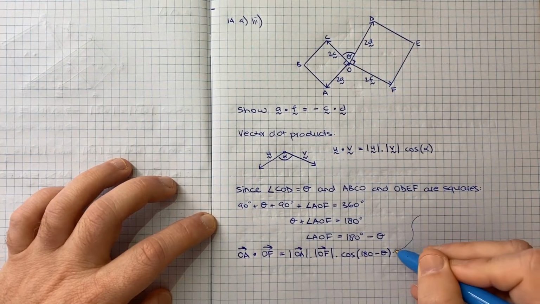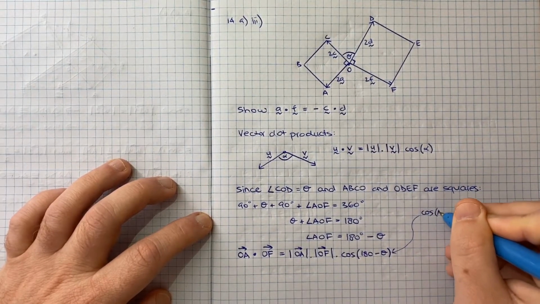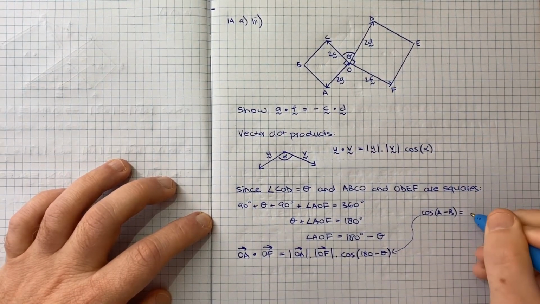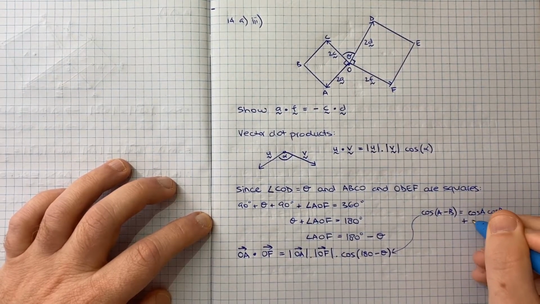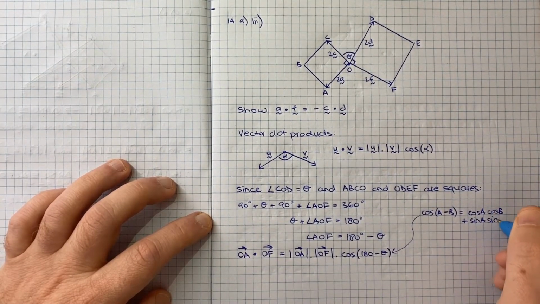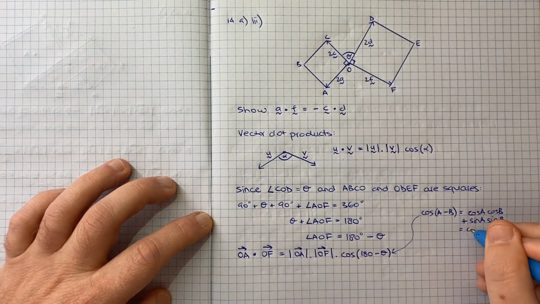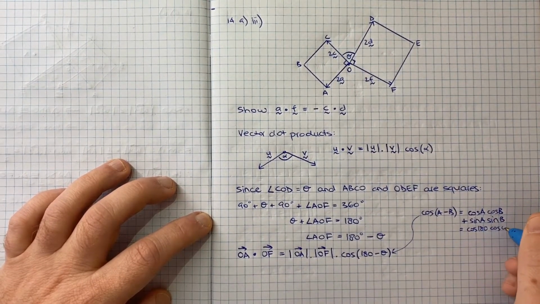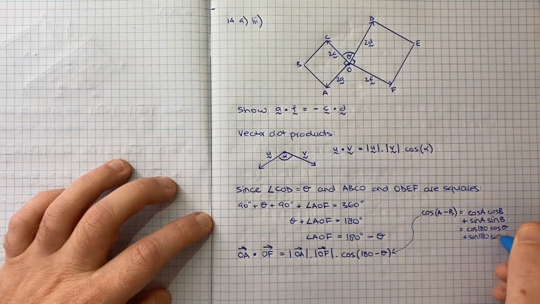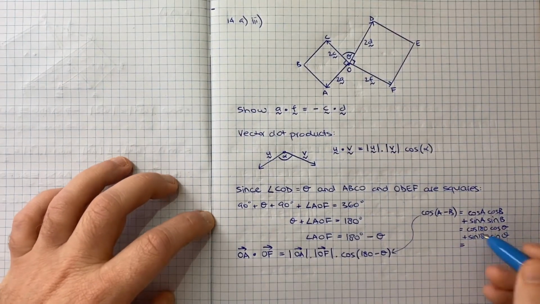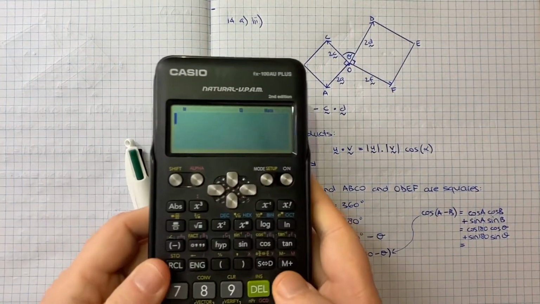If we make use of our rule that cos(A minus B) equals cos A cos B plus sin A sin B, then as a side calculation, A would be 180, so cos 180 cos theta plus sin 180 sin theta.